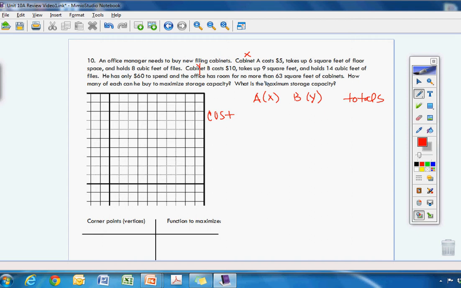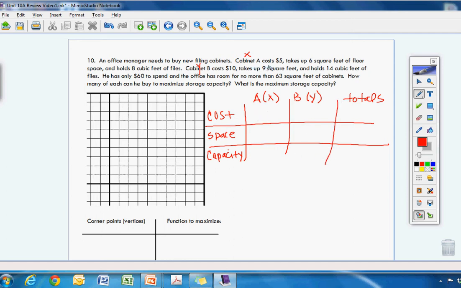We're looking at square footage of the floor. So we could put square footage or space. And then we want to look at storage capacity. Okay, so there's 3 different ideas. Create this little table.